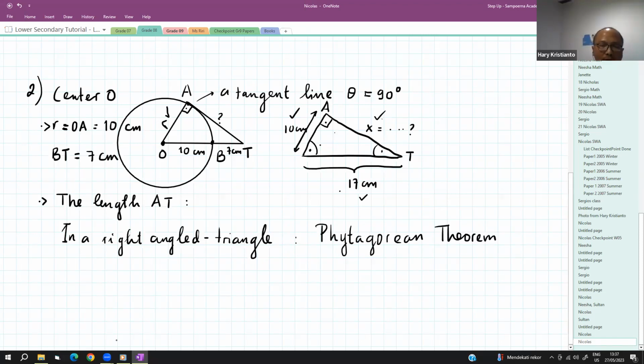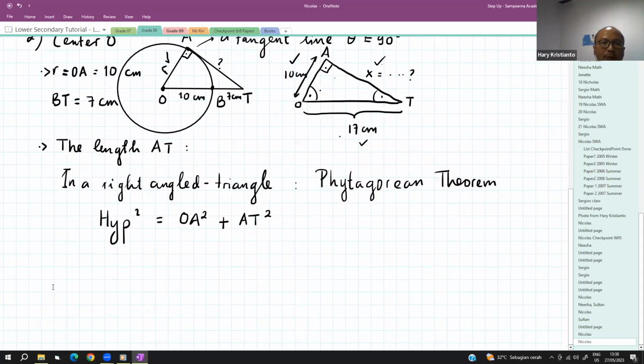According to the Pythagorean theorem, the hypotenuse squared is the sum of the squares of the other two sides, OA squared plus AT squared. The hypotenuse squared is 17 squared, OA is 10 squared, AT is x squared.